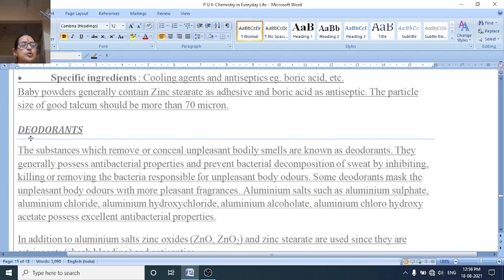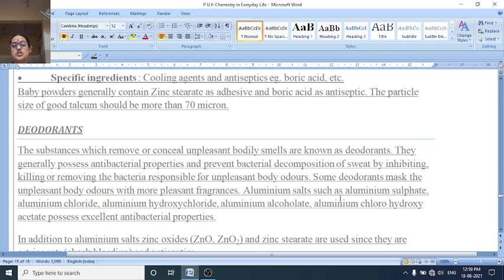Next we are going to move on to the deodorants. The substances which remove or conceal unpleasant bodily smell are known as deodorants. They generally possess antibacterial properties and prevent bacterial decomposition of sweat by inhibiting, killing or removing the bacteria responsible for unpleasant body odor. Some deodorants mask the unpleasant body odor with a more pleasant fragrance.